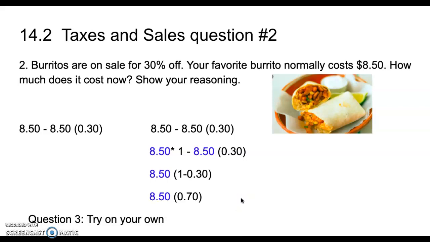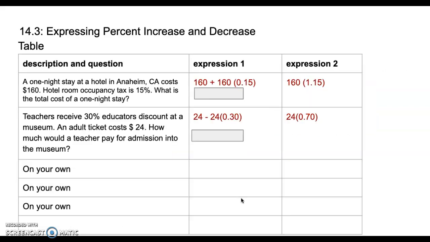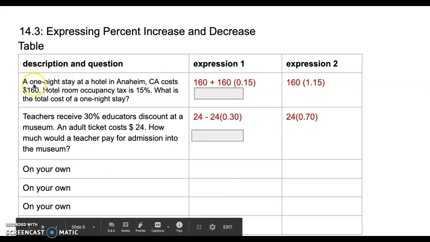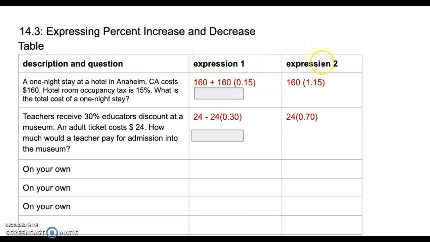Question 3, I'm going to let you try on your own. And now we're going to go into the table. So you have a description and a question, then they want expression 1, they want expression 2 to be multiplication only. So the one night stay at a hotel in Anaheim, California costs $160 and you have to pay 15% tax.